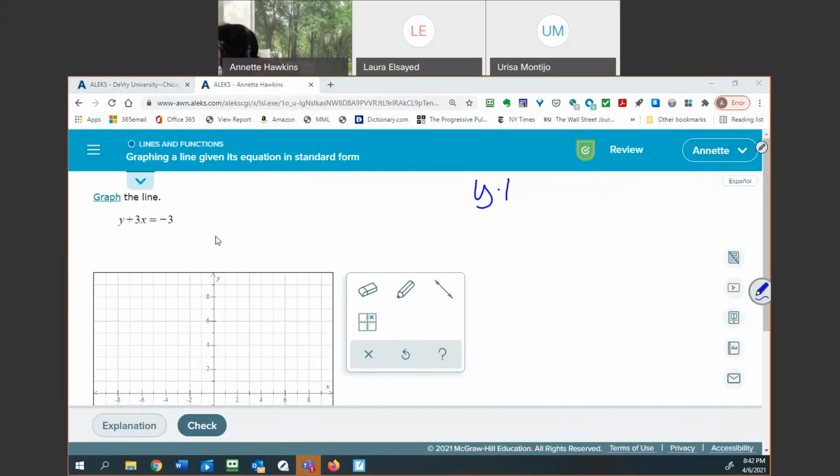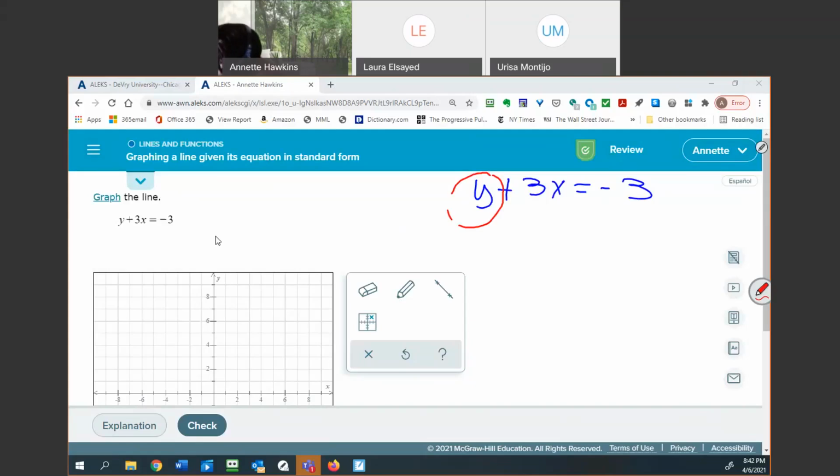So y plus 3x equals negative 3. Now, what I would do, I would solve this for y. And this is why they gave us those beginning exercises to solve for those different variables. You remember that? So solve this for y.